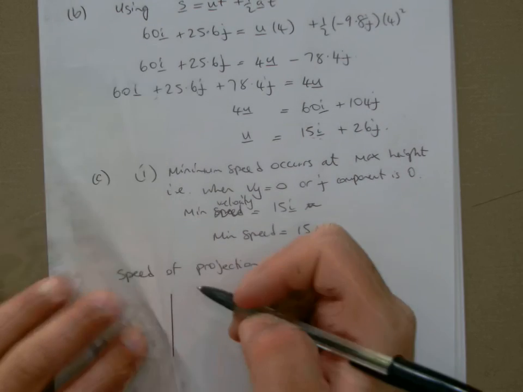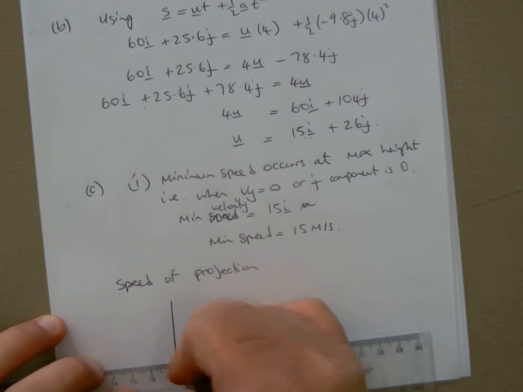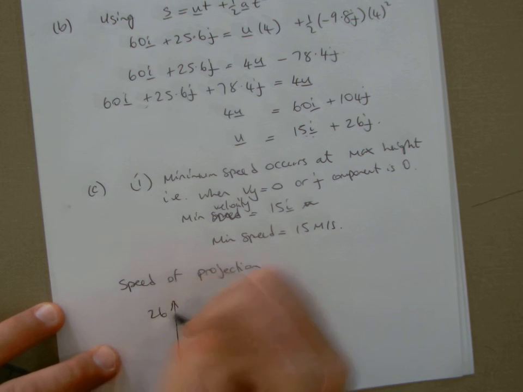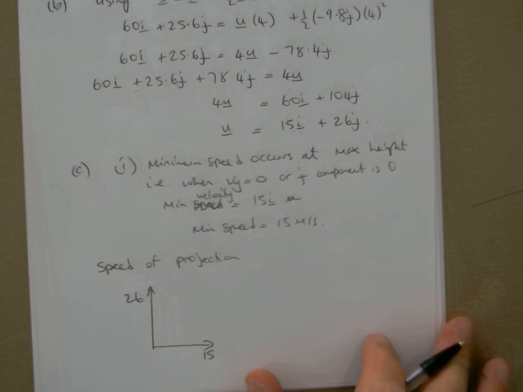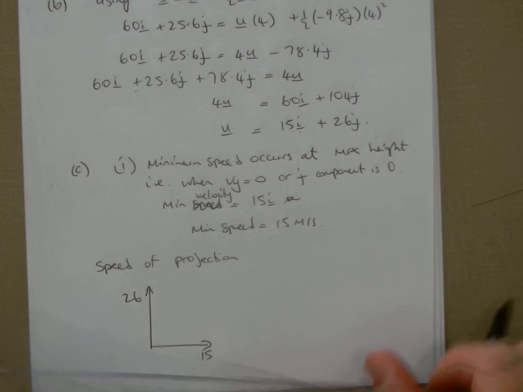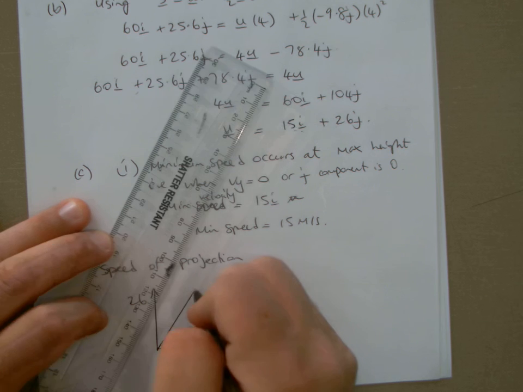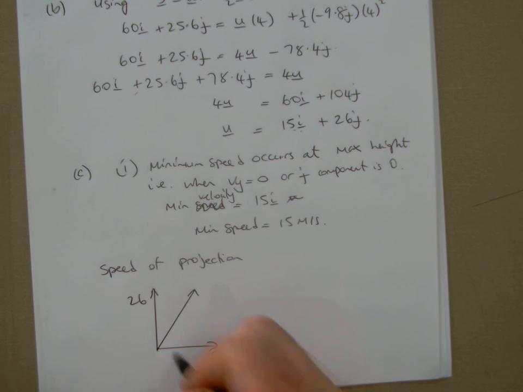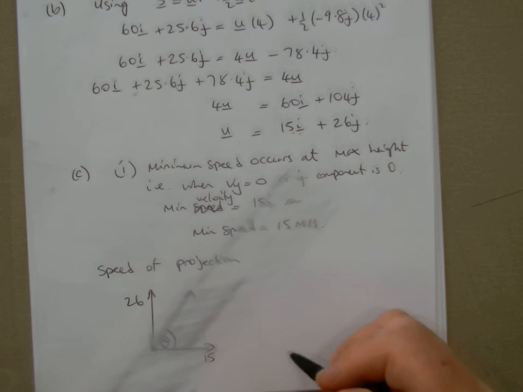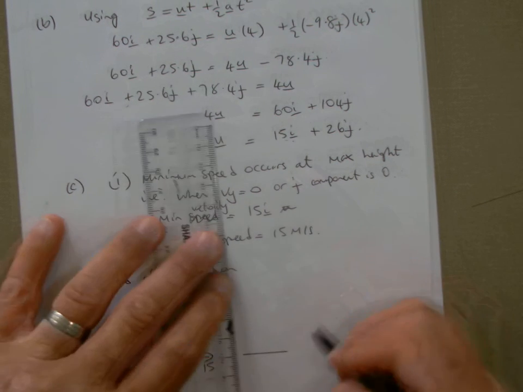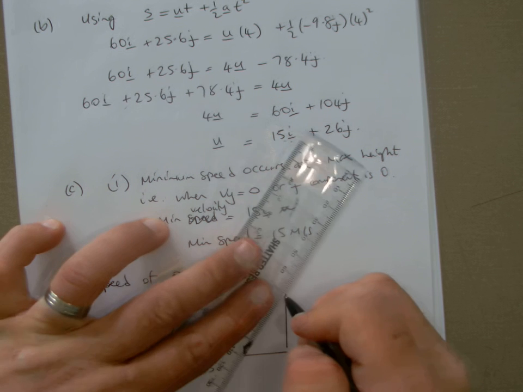So we know it is 15 across and 26 up. So we can just use Pythagoras' theorem there, can't we? So we can create a triangle, because essentially it's going to be projected in that direction, and we're going to need to work out the angle there, of course. You can create a triangle by going 15 across, 26 up.